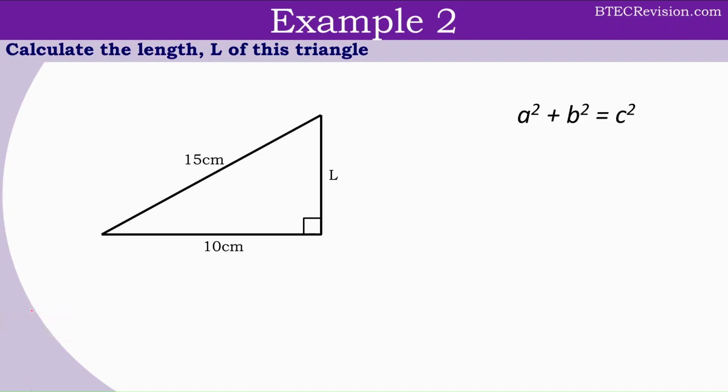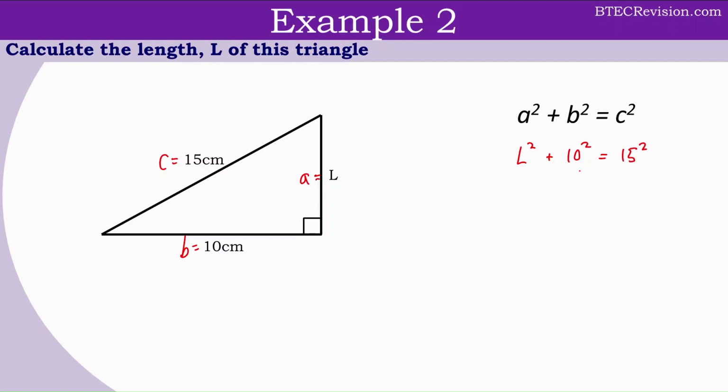We'll take our A value, in this case, to be equal to L. B value is equal to 10 centimeters, and our C is always our longest side, which is equal to 15 centimeters. Plugging in our values into our equation, we get A, we know is L, so that's L squared, plus B, which is 10 centimeters squared, and that's equal to 15 centimeters squared.